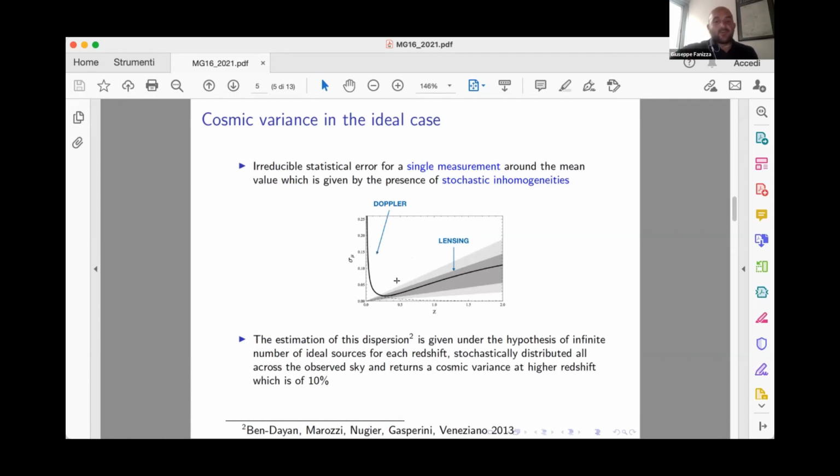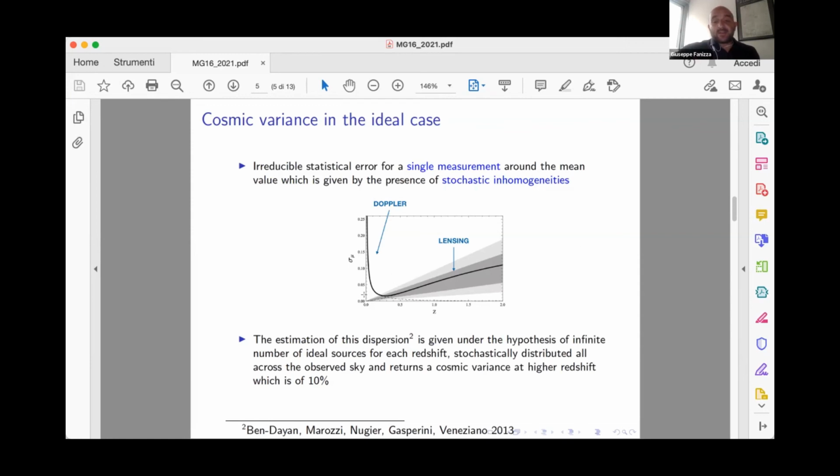On the contrary, when we move towards higher redshift, the variance is dominated by the lensing effect. So we have to keep in mind that those are the two important contaminations from the theoretical viewpoint, which might alter, let's say, the estimation of H0 from local sources.